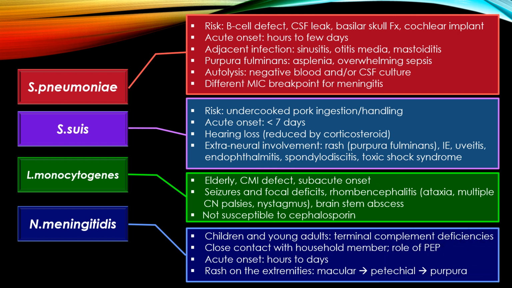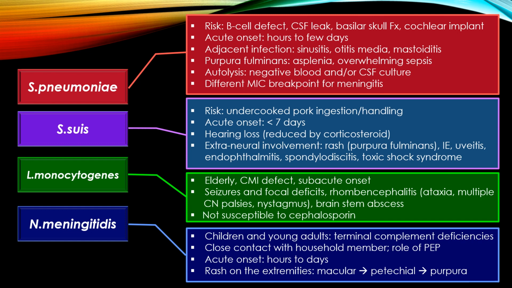The next is Neisseria meningitidis. This mostly occurs in children and young adults. The risk is terminal complement deficiency, which is mostly inherited or congenital. Close contacts, such as household members, may need prophylaxis to prevent the disease.